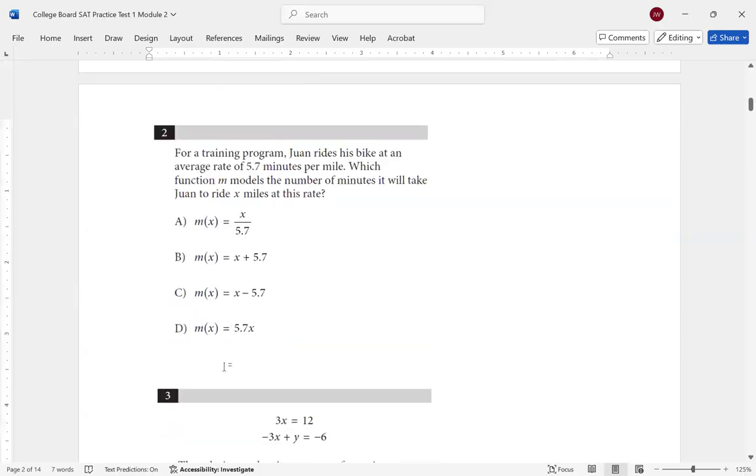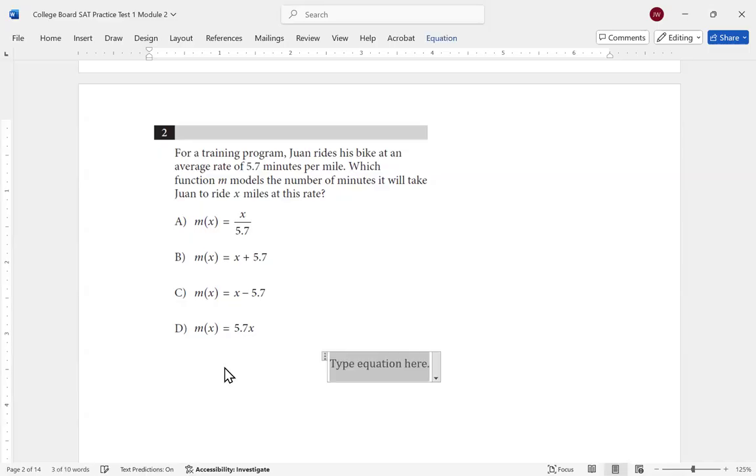For problem number 2, it says Juan rides his bike at an average rate of 5.7 minutes per mile. Which function M models the number of minutes it takes Juan to ride X miles? Now, you can do this in your head.